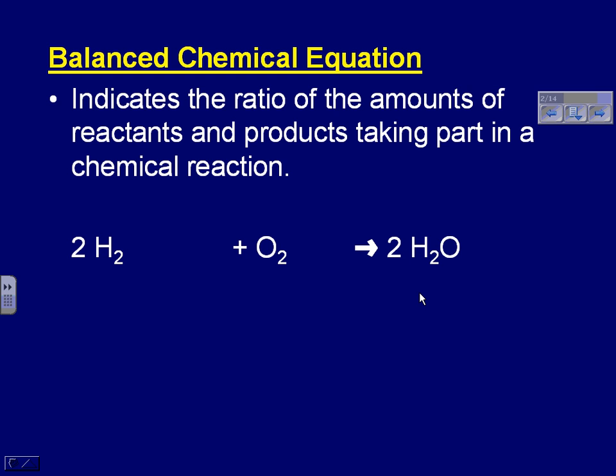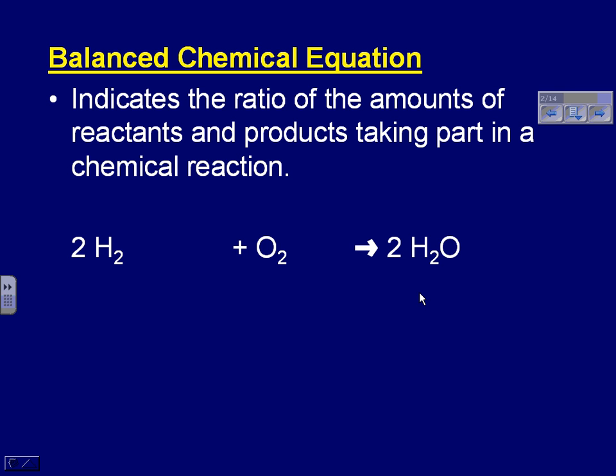And so it's like a ratio. I can say that the amount of hydrogen needed compared to the amount of oxygen is a 2-to-1 ratio. And a ratio is a fraction. And we've seen that we can use fractions as conversion factors.